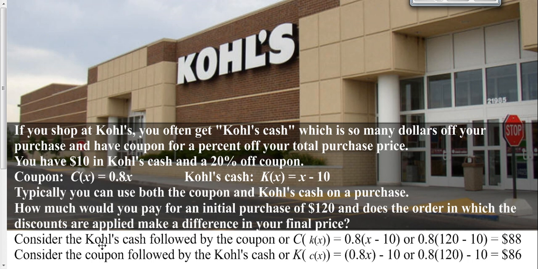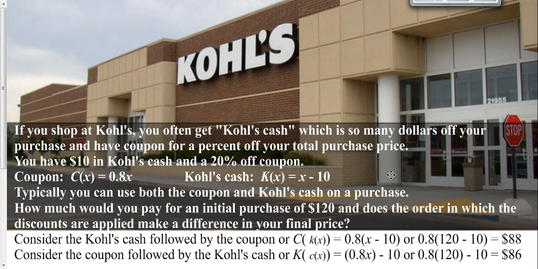Suppose we do the Kohl's cash followed by the coupon. In other words, we're doing the x minus 10, the Kohl's cash, and plugging that in where we have our coupon. So it's your purchase price minus 10, and then taking all that times your 0.8. In other words, we took this x minus 10 and plugged it in here for this x.